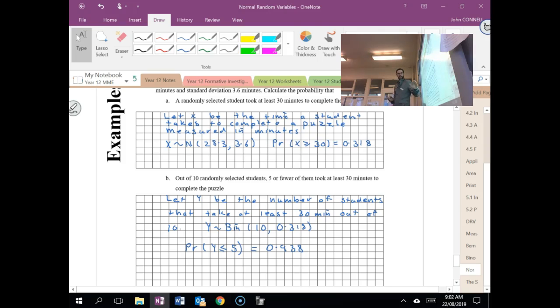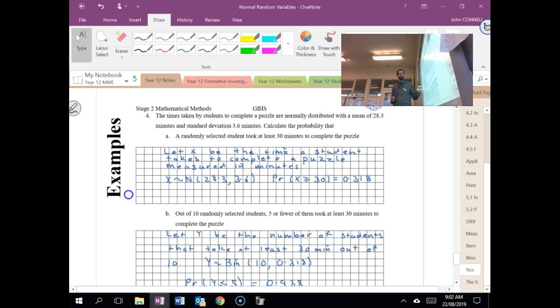Now, how do you recognize that it's switched to binomial? It'll go from talking about measuring things. We started by measuring height, measuring time that students would take, and then suddenly we've jumped into counting the number of students. Counting the number of students can only be in whole numbers. It's a very strong hint that we've switched to a binomial.